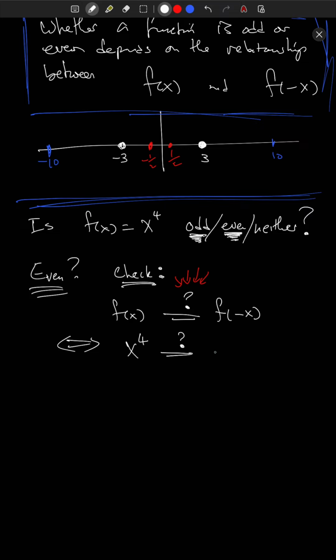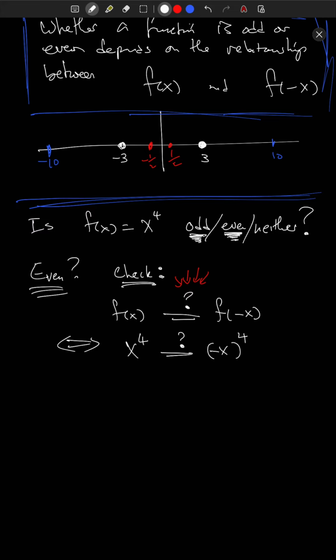Well, what is f of negative x? f is the function that takes whatever you put in to the fourth power. So I'm putting in minus x, so I have to take minus x to the fourth power. So our even question boils down to: is x to the fourth equal to negative x to the fourth?